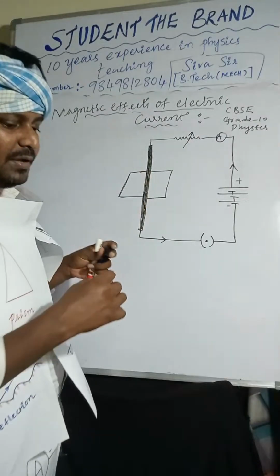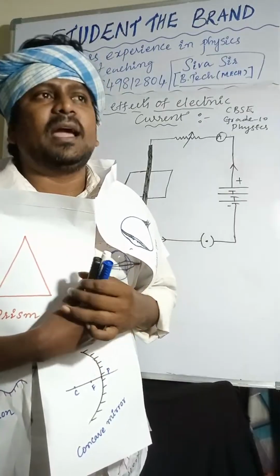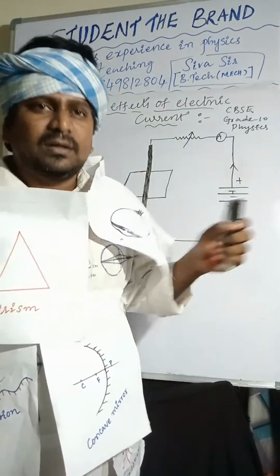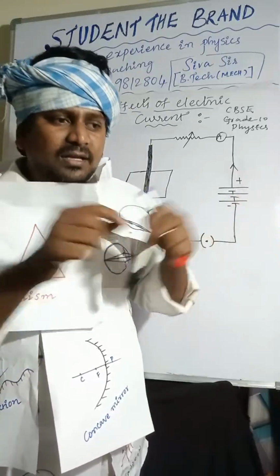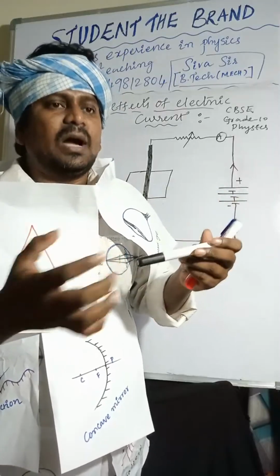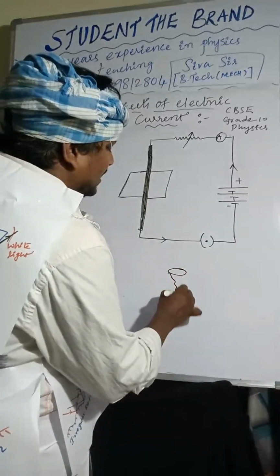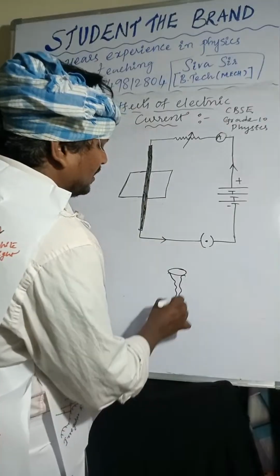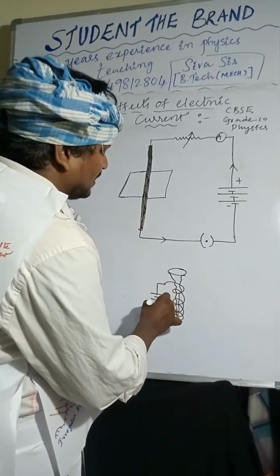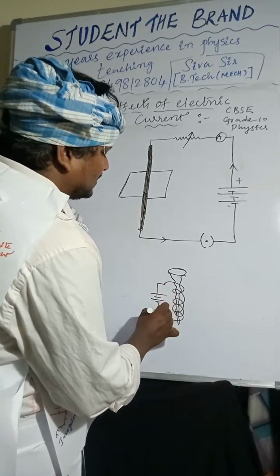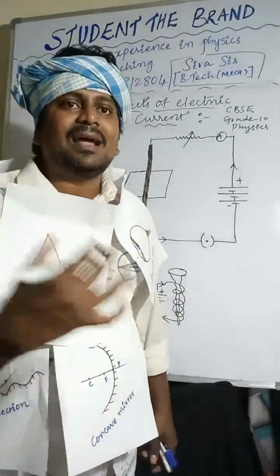Actually, we know electromagnetism. In lower classes, we did one activity: take the copper wire and wind it around an iron nail. Connect it to the battery, so current will pass, and then it acts as a magnet and attracts magnetic materials.